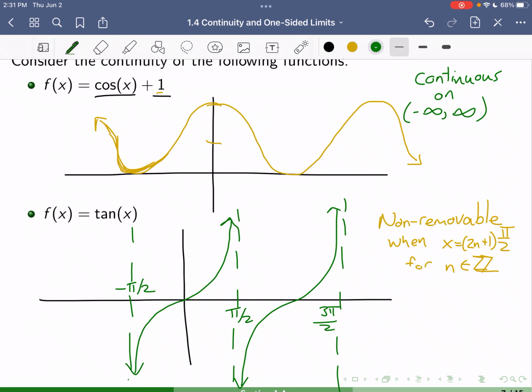Everywhere else, it's continuous. So at each one of those vertical asymptotes we're going to have problems. Other than that, we're going to be okay.